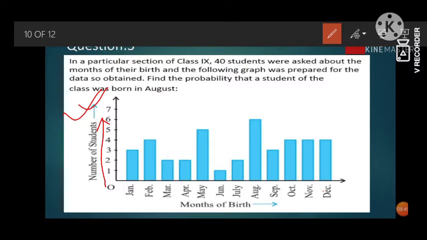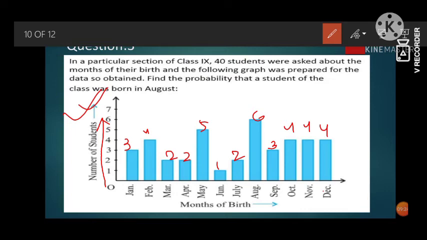So you can see in January only 3, in February we have 4, March we have 2, April we have 2, May we have 5, June we have 1, then July we have again 2, August we have 6, September we have 3, and October, November, December we have all 4s. So these are the number of children who were born in a particular month.